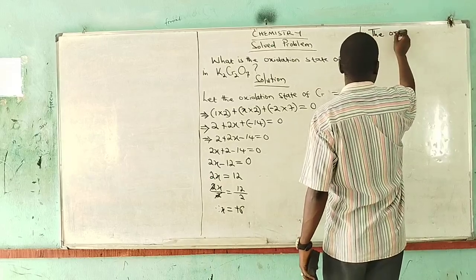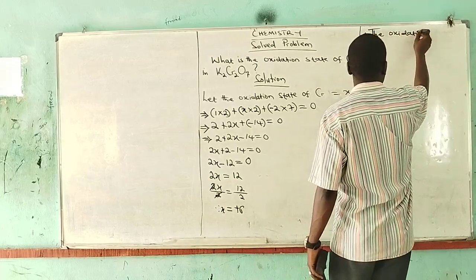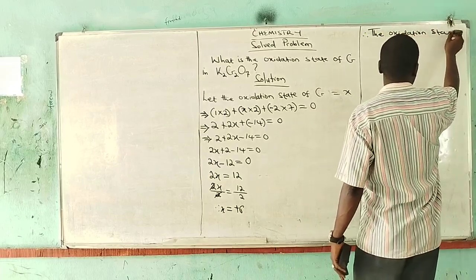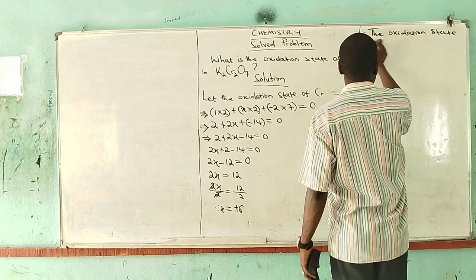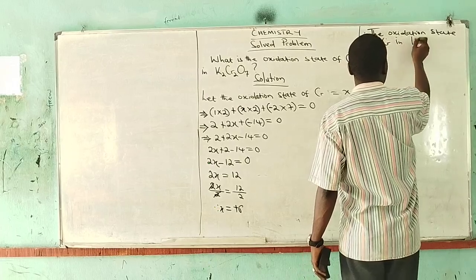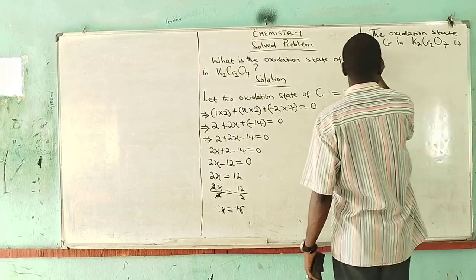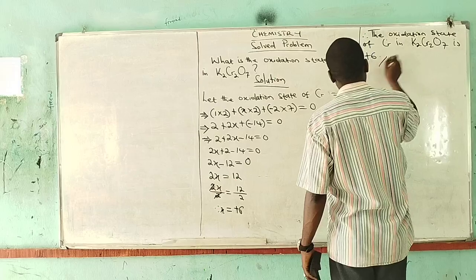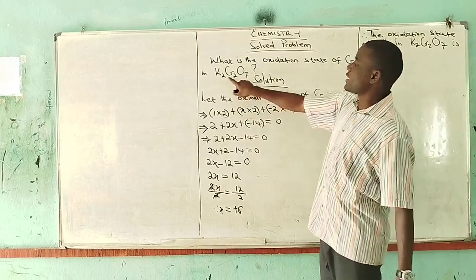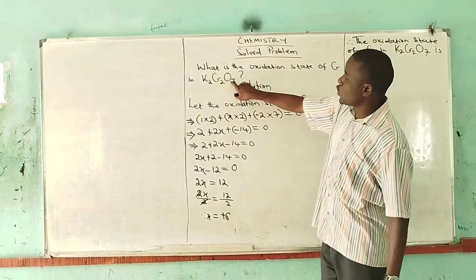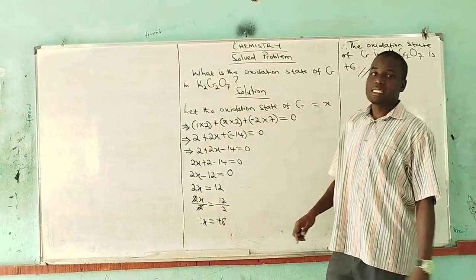Therefore the oxidation state of chromium in potassium heptaoxodichromate is plus 6. How can we name this? This is dipotassium heptaoxodichromate(VI).